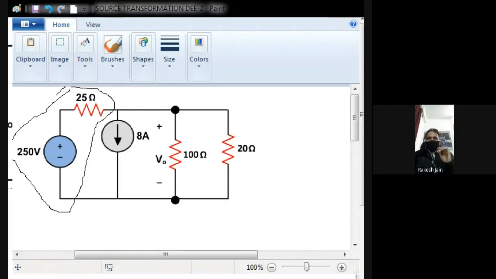Is it clear? So now the resistance value will be the same, 25 ohm. It was in series, it will be in parallel. And the voltage source will be replaced by a current source. The rest of the circuit will be the same.